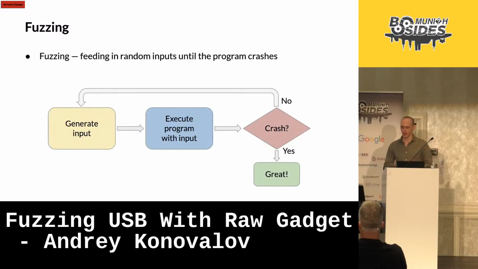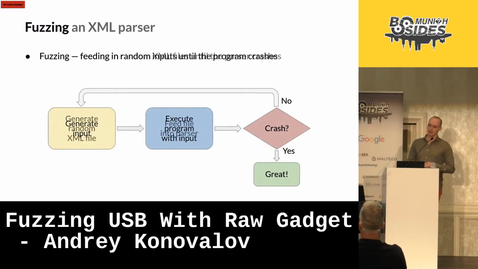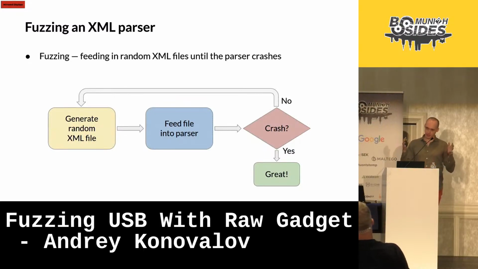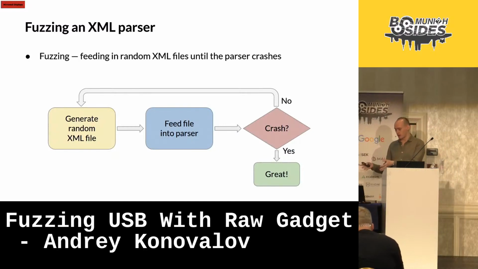That is a definition of a bug, at least one of the definitions. So for example, if we have an XML parser, we would be generating random XML files, feeding them into the parser and checking for parser crashes. And at some point, if the parser crashes, then perfect, we have found both a bug and a reproducer for this bug in the form of an XML file.